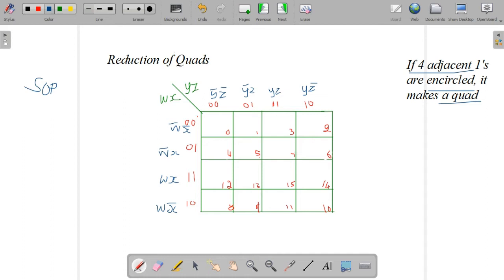Reduction of quads. Just imagine one expression; here I am giving an expression.